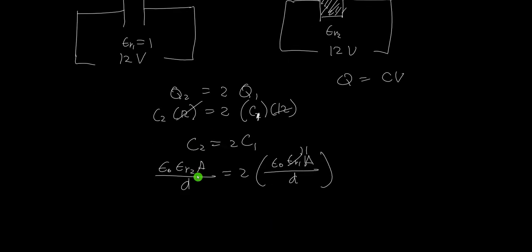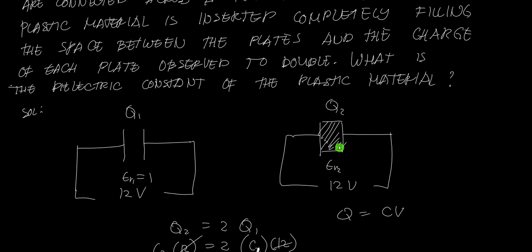We can also cancel out D and A, and epsilon naught, and we can solve for the dielectric constant of the plastic material. So epsilon R2 now will be just equal to 2. This is the dielectric constant, or relative permittivity, of the plastic that is inserted in the capacitor.